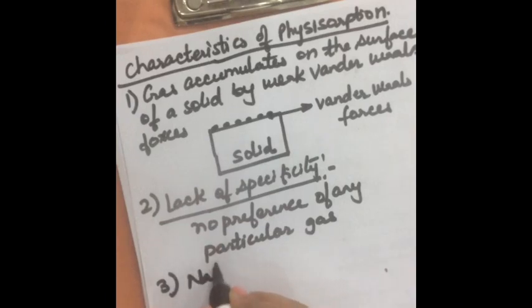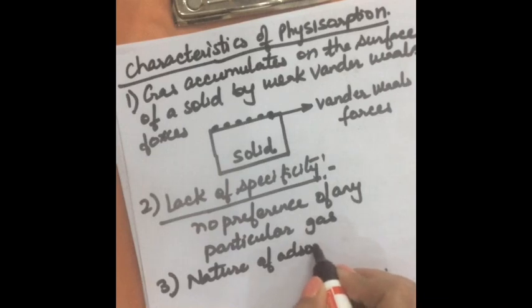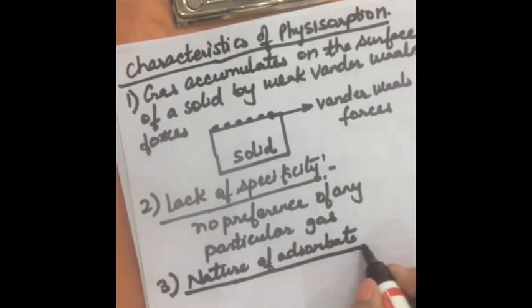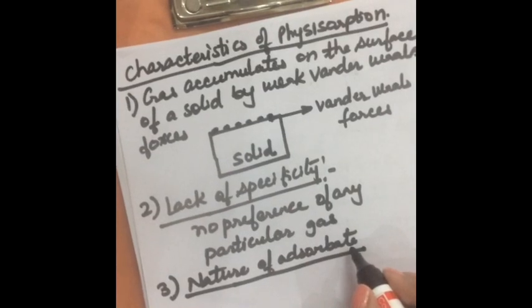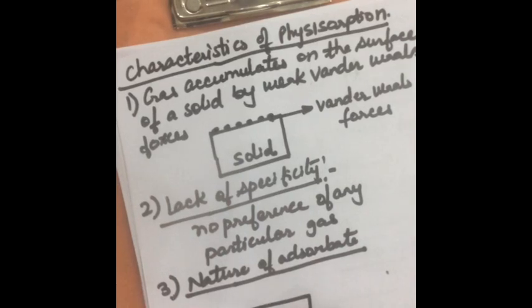Next characteristic is nature of adsorbate. Physisorption depends on adsorbate, that is, the amount of gas adsorbed by a solid depends on the nature of gas. On the surface of this solid adsorbent, how much gas will adsorb? That depends on which gas is there as adsorbate.